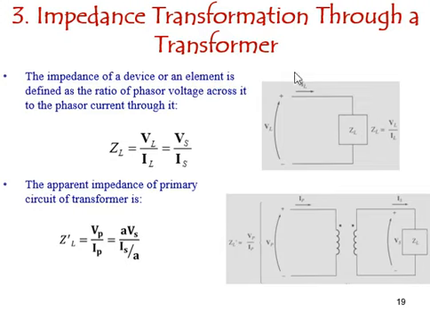So we know that the ZL is the impedance at the load, and now we want to find ZL bar, which is observing the impedance from the input points.